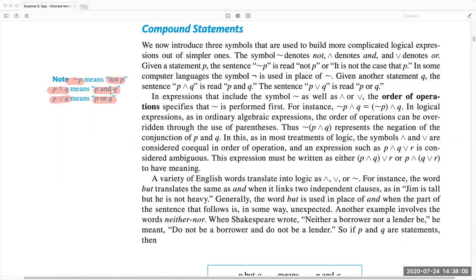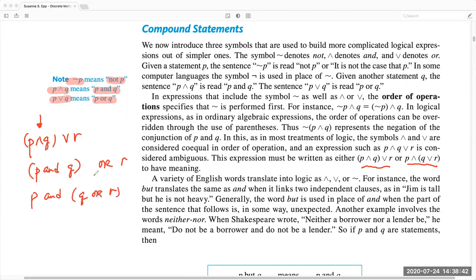Okay. Some compound statements have more than one operation, like this one. If we interpret this one, of course, we do the operation inside the bracket first. That means P and Q first, and then or R. The order of the operation may matter. So this one and this one may not be equivalent to each other.